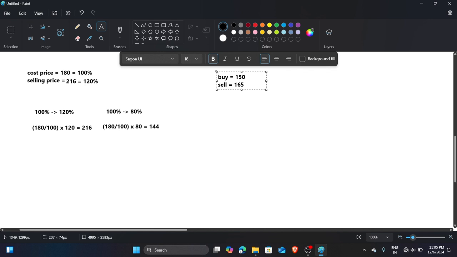If anybody asks you what is the percentage of profit, how much I got, how can you describe it? You can subtract, and see that I got 50 rupees profit.